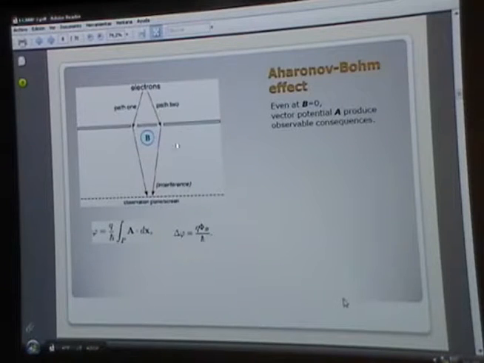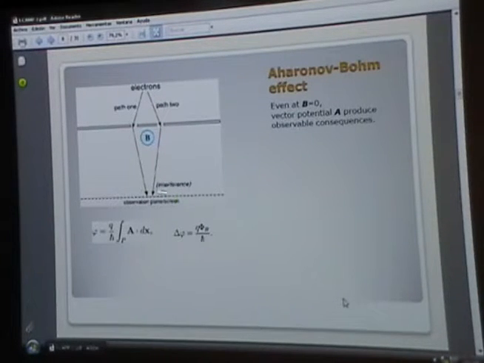If we remember this ideal situation of two slits, one electron comes to both slits because it behaves as a wave. We can attribute a path 1 to the electron passing through the first slit, and path 2 to the electron passing through the second slit.